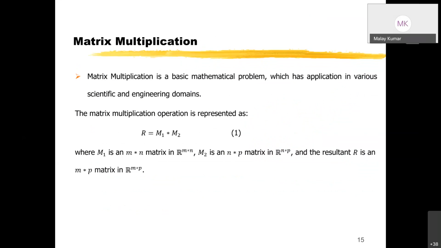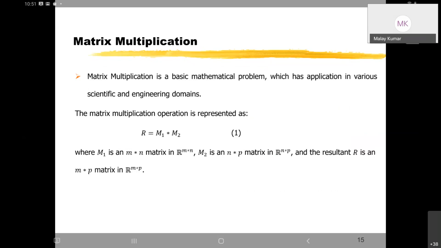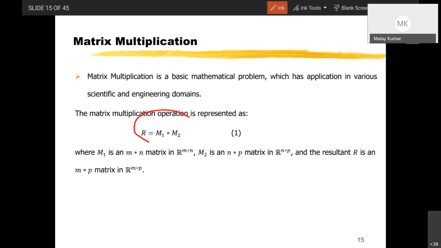Matrix multiplication is a basic mathematical problem, which can be represented as m1 cross m2. One has to verify the property that for m cross n and n cross p, the number of columns in the first matrix must be equal to the number of rows in the second matrix, as you learned in the 10th standard.